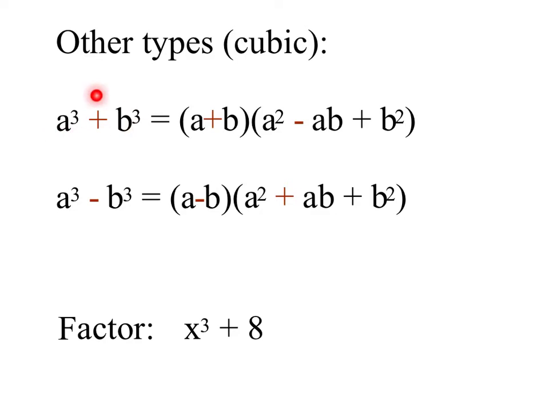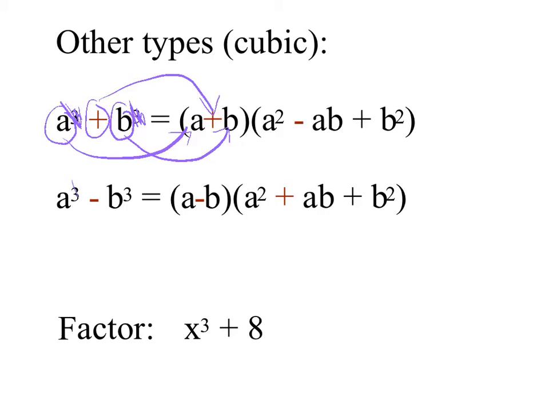It's going to look exactly like this, just you would take away the variables. So that A would be right there, the B would be right there, and the plus sign would be right there. Same thing down here. If I got rid of the 3's here, the A is right there, the B is right there, and the minus sign is right there. If you can set that up, you can do the rest of this.